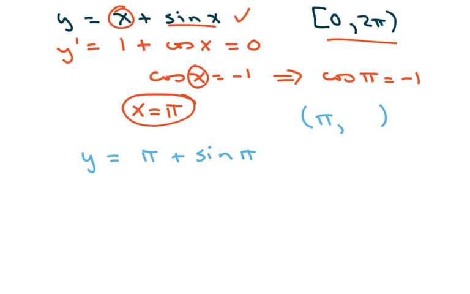Sine of pi is 0, so we get pi plus 0, and our horizontal tangent occurs at (pi, pi).